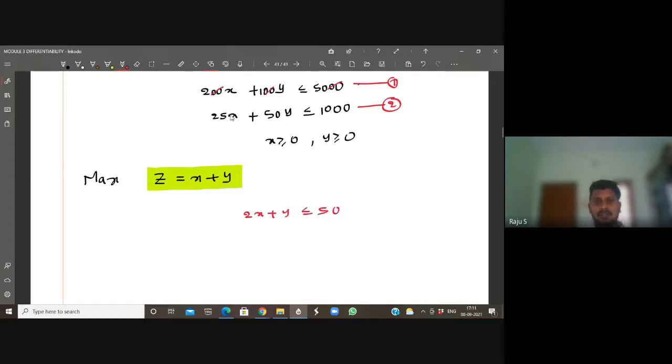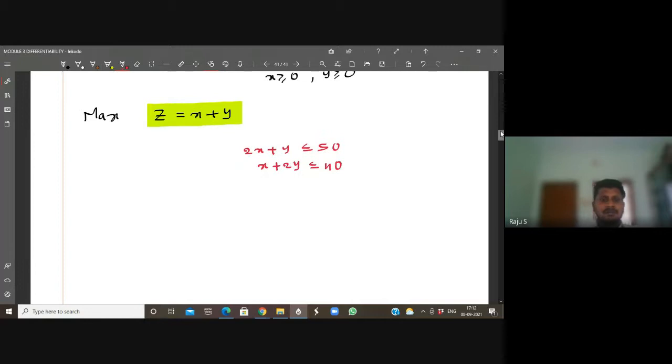When I cancel with 25, 25 ones are 25, 25 twos are 50, 25 40s are 1,000. So I'm taking x plus 2y lesser than or equal to 40. Just a moment, students. All of you try to draw the graph of this.